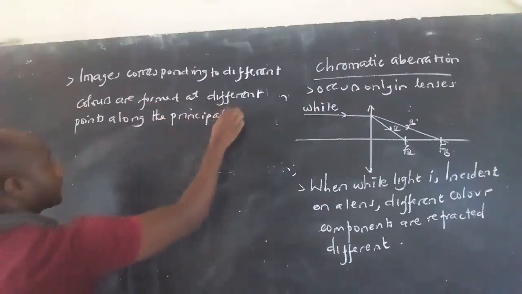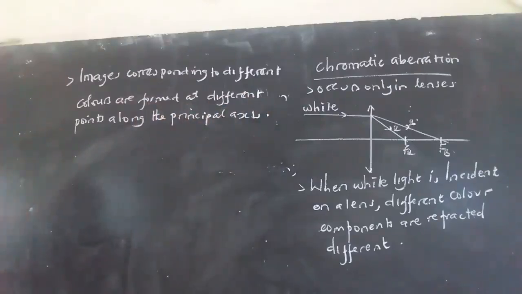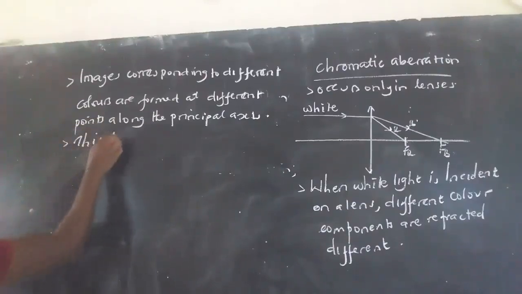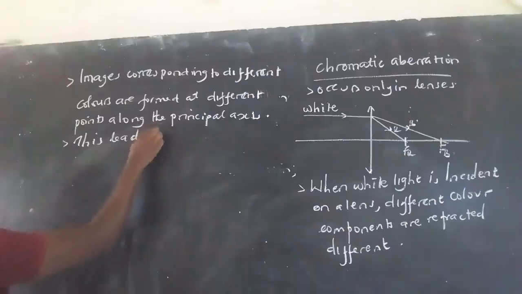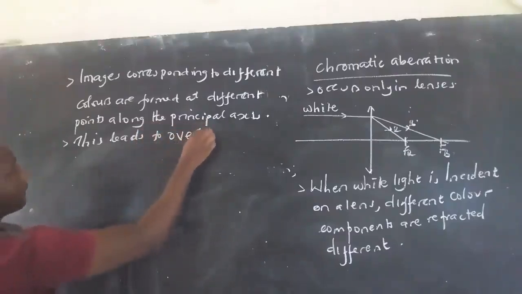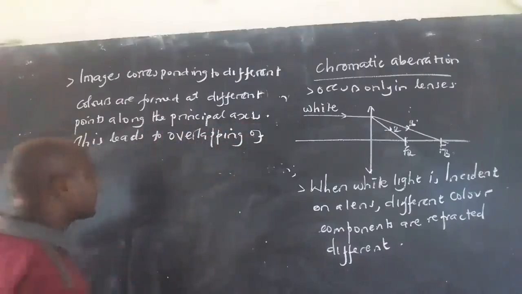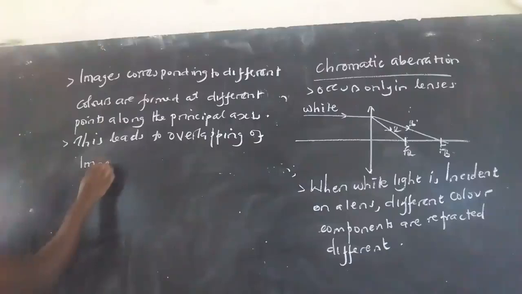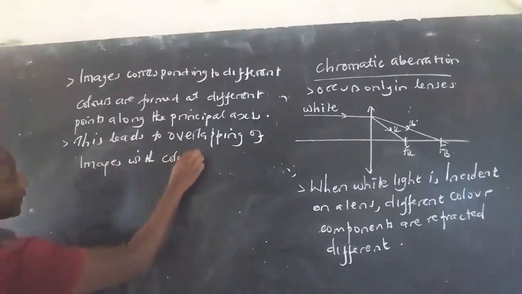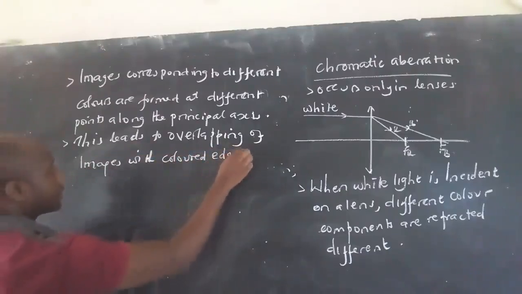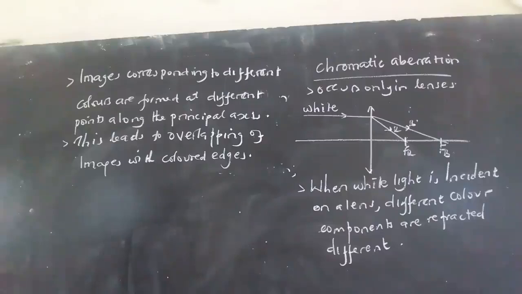The image viewed has curved edges. This leads to overlapping of images with colored edges. With colored what? Colored edges. This is chromatic aberration.